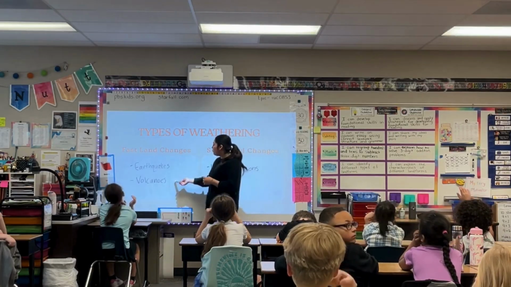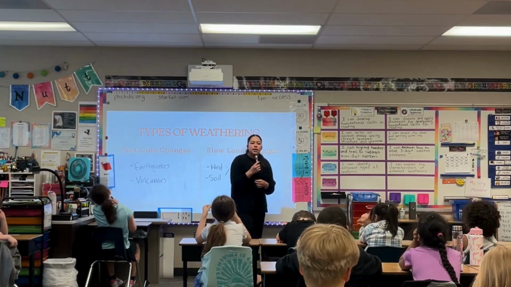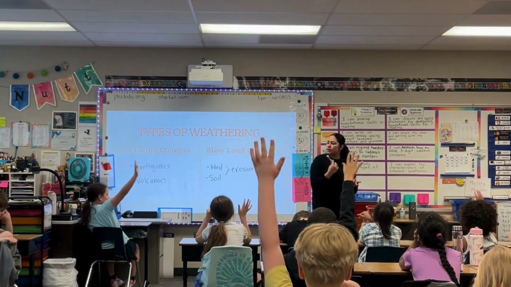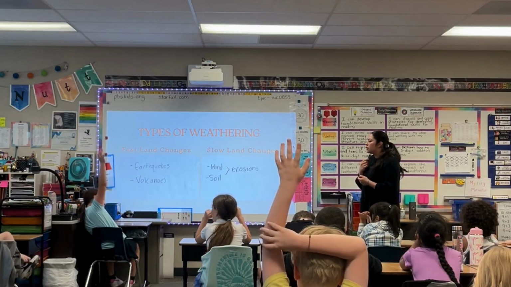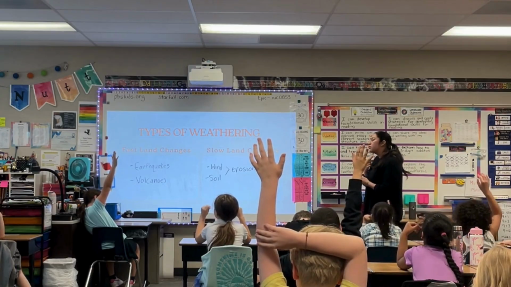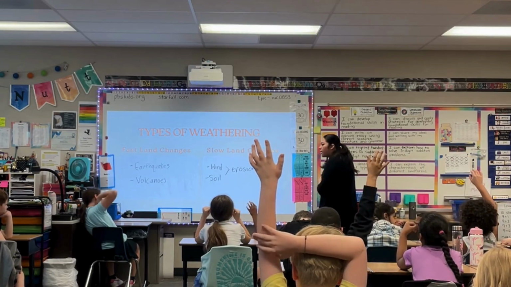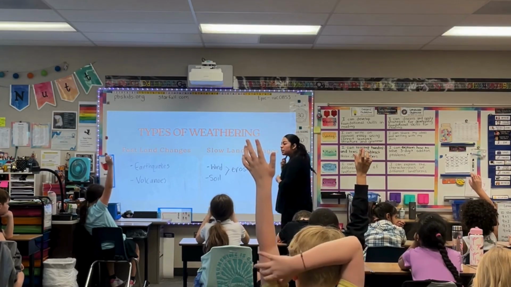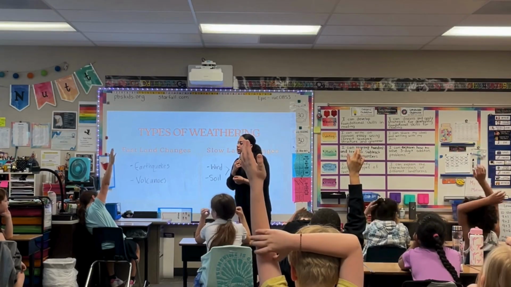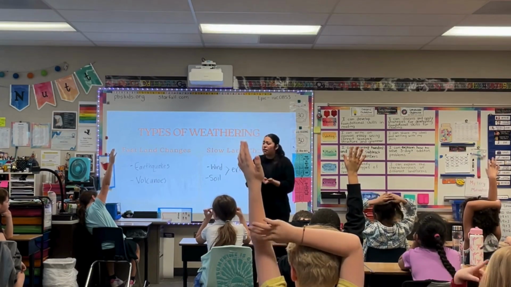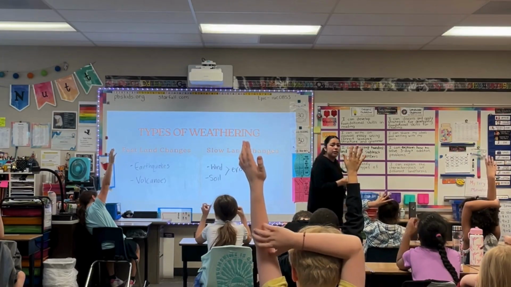Now our fast land changes. If a volcano erupts or an earthquake happens, how long would that take? Brooks? Years. If a volcano erupts, is it going to take years for that to change? No. Days. Maybe days for that lava to cool down and become rock.